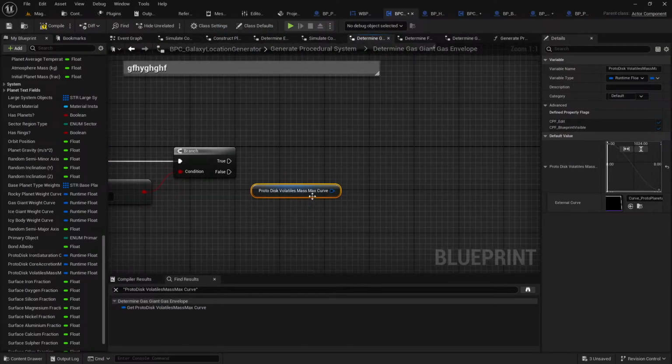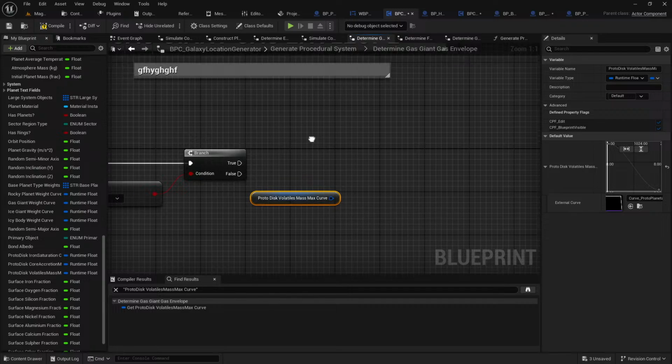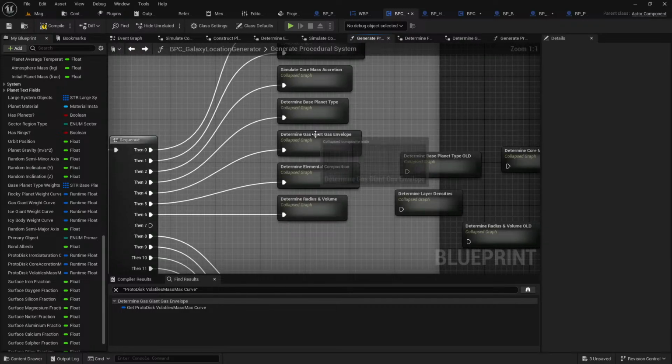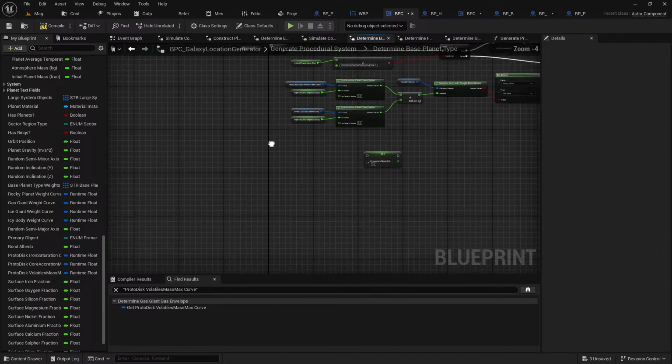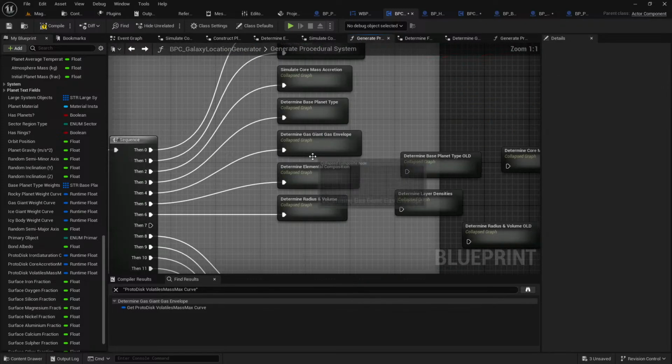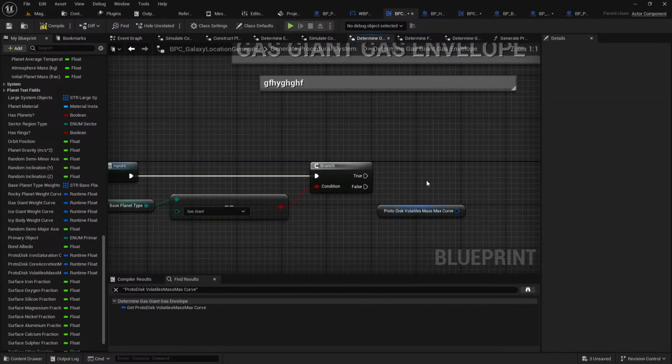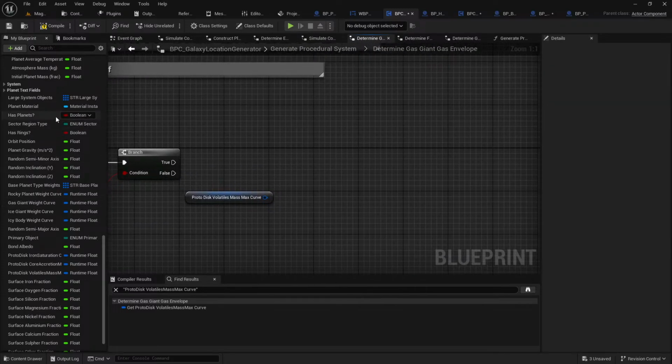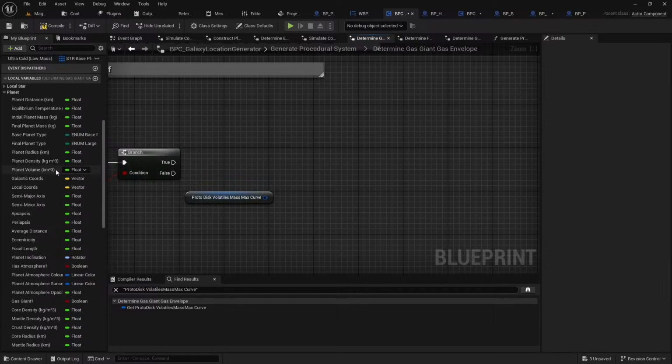So, armed with this, we're using our equilibrium temperature.